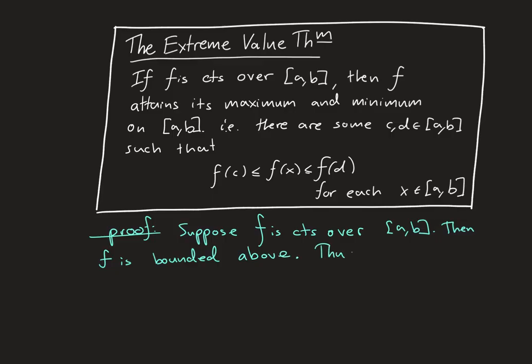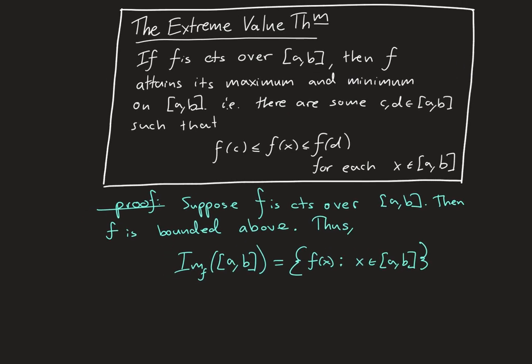Thus, the image of f, if you don't know what an image is, that's okay, I'm going to tell you what this set is. This is simply the set of all possible outputs of f over that closed interval, and it is also bounded.